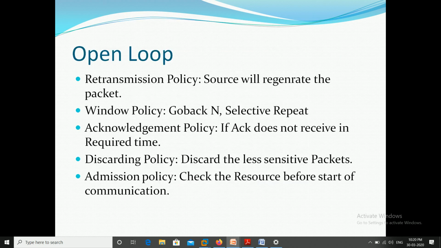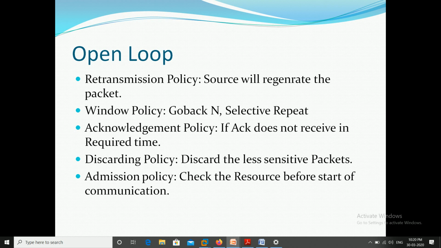In case of open loop, the first one is retransmission. Its name specifies retransmit. We have already discussed this kind of phenomenon in the last unit on the data link layer, in case of flow control. I hope you remember. Retransmission is when the source will regenerate the packet when it finds that my packet is not able to reach its destination.